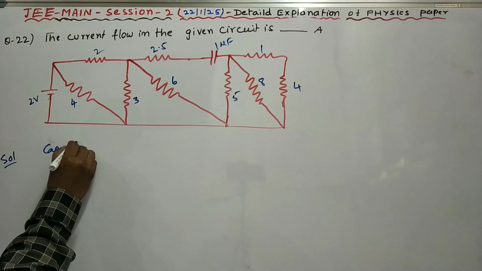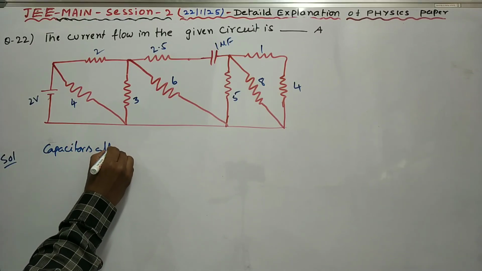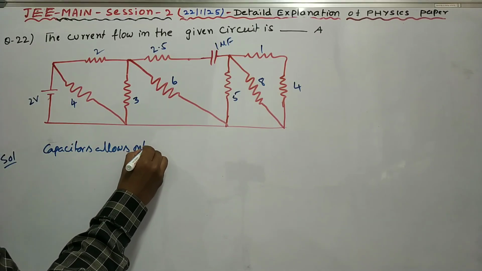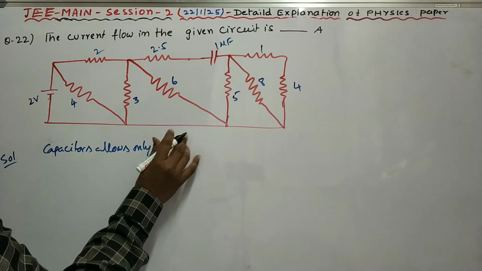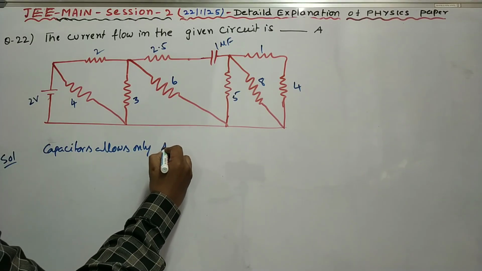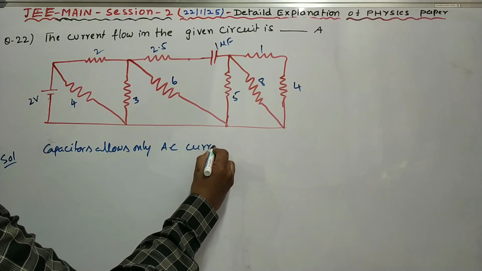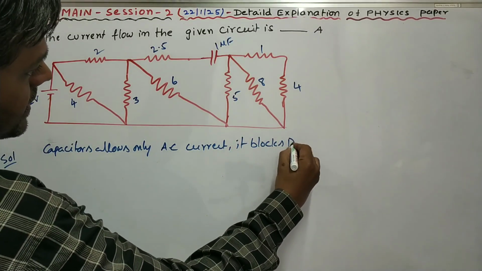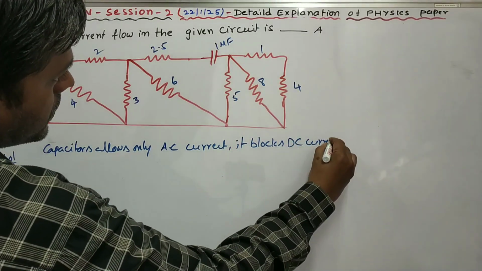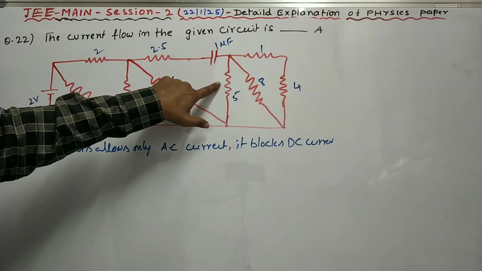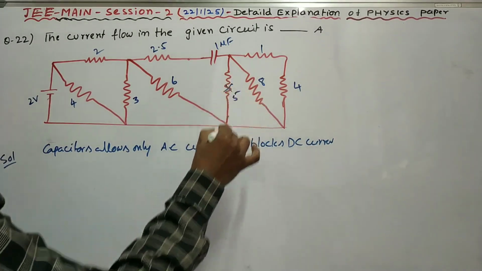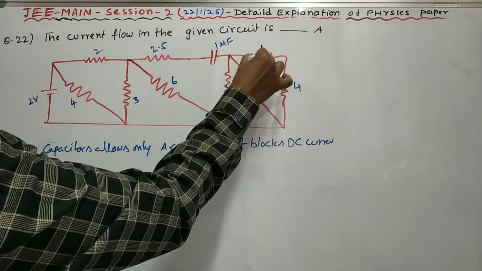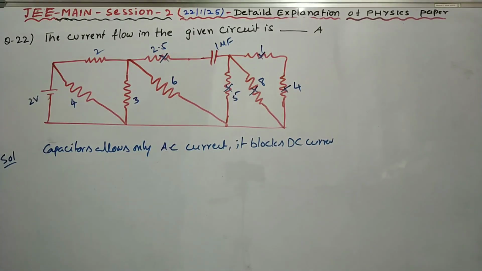A capacitor allows only AC current; it blocks DC current. So there is no chance for current to flow through this branch, or this one, or this one. Similarly, this one is also not possible.